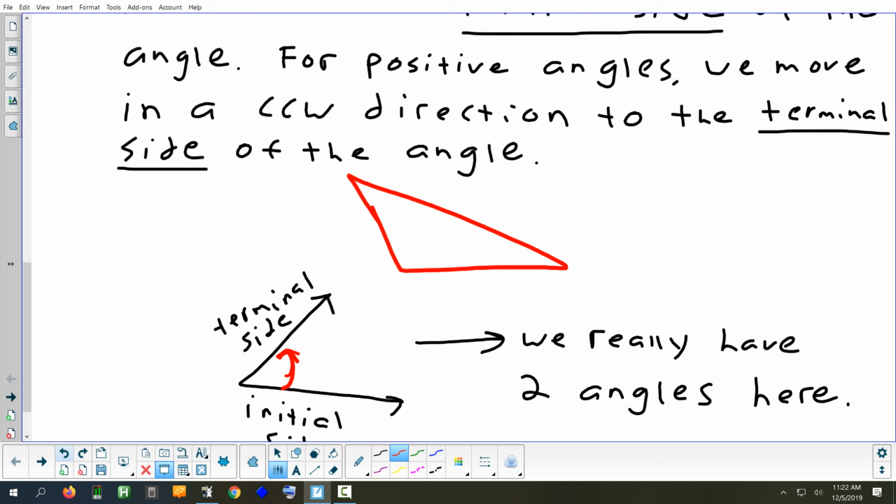So, when you draw an angle by itself, we generally draw rays. When you draw an angle inside of a polygon, we draw line segments. Okay? So, even though this is not the point where two rays meet, that's where two line segments meet, that's still considered an angle right there. Any question on that? Okay.